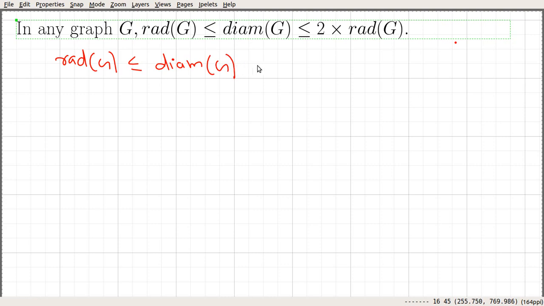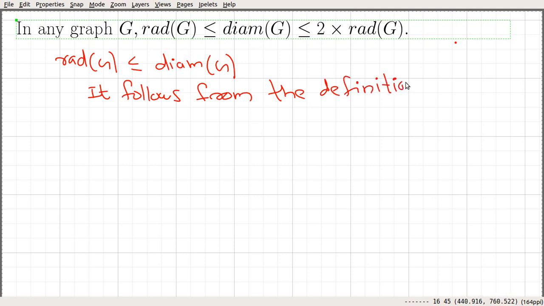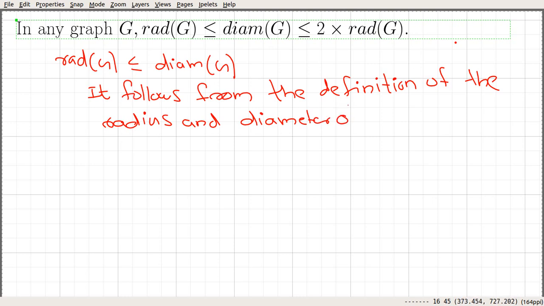Okay, so this inequality is straightforward, and here we can see that this inequality follows from the definition of the radius and diameter of a graph.